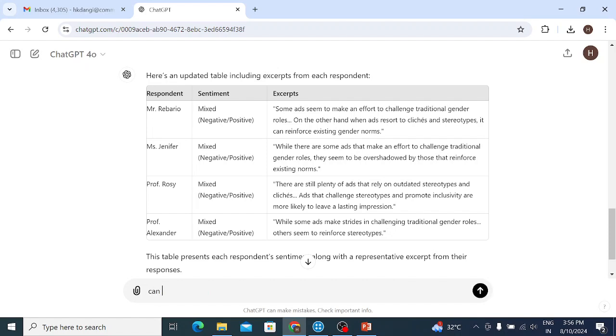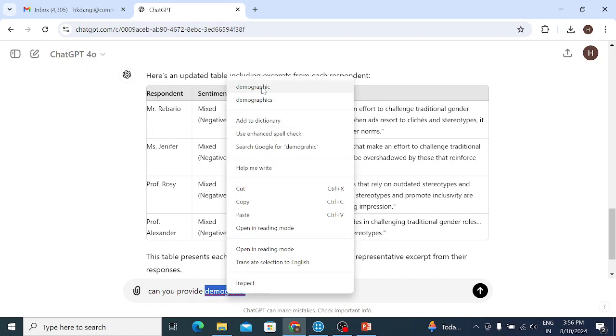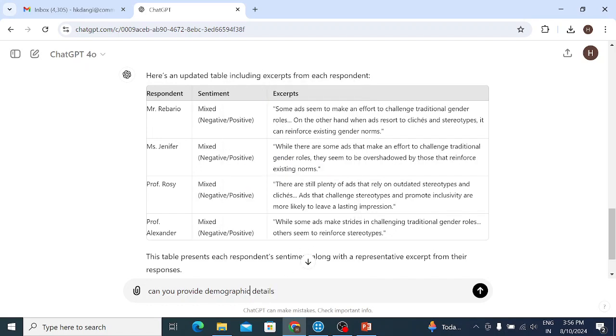Can you provide demographic details, demographic details, and present in the fourth column.